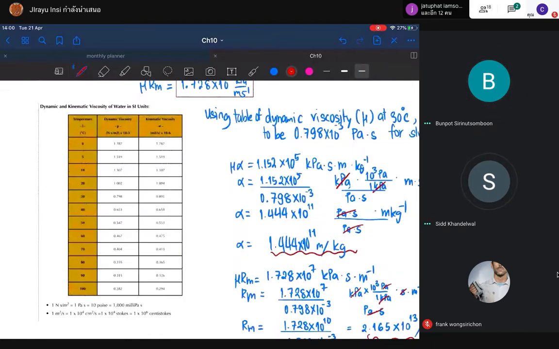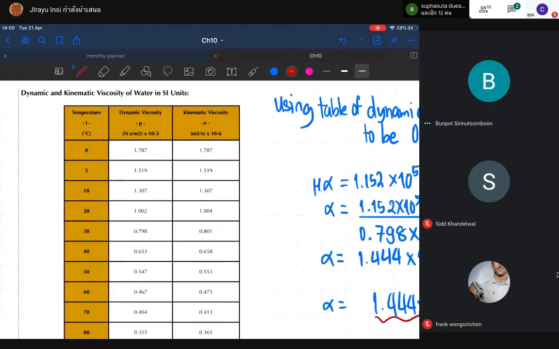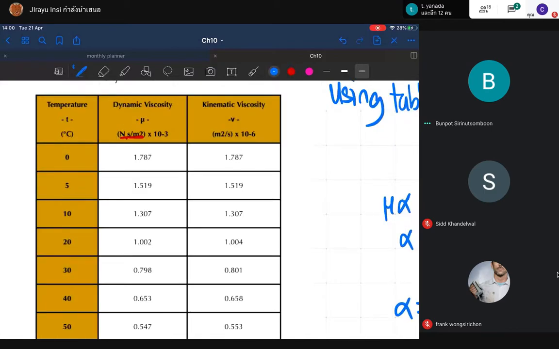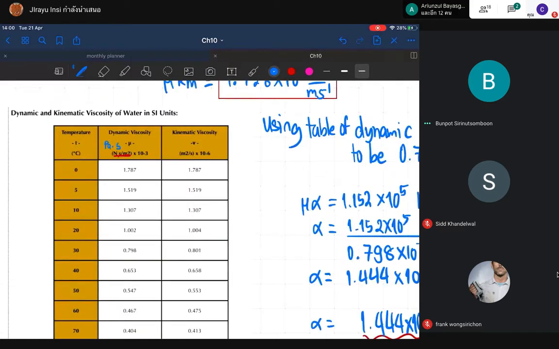Since we were not given mu, we can search it up on the internet. By looking at the units, we can change it to Pascal seconds. Hence, we can use the dynamic viscosity to calculate the Rm and the alpha that are asked in the question.